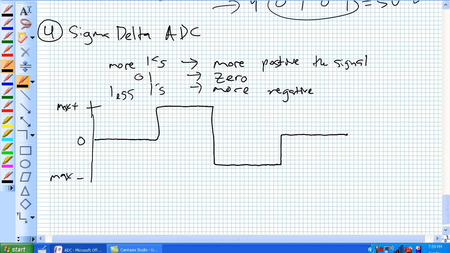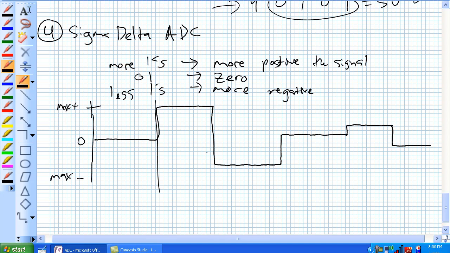What is 0, 1, 1, 0, 1, 1, 0, 1, 1? Is it more positive or more negative? It's more positive because there's more ones. Now I say 0, 0, 1, 0, 0, 1, slightly negative. So what's going on there is basically the more ones you send in a specified time interval there. Let's just say for every 1 second, these are 1 second blocks.